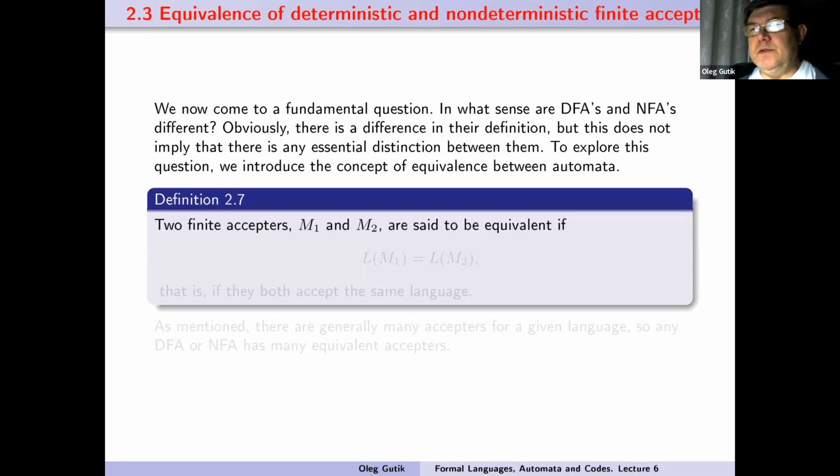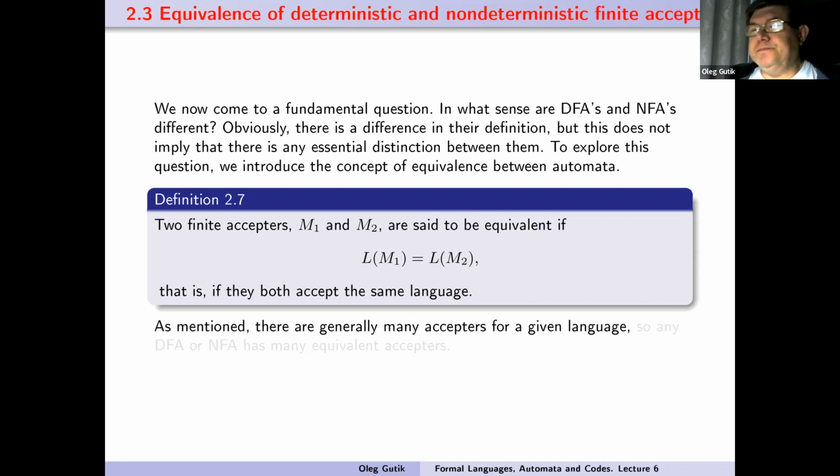First definition: two finite acceptors M1 and M2 are said to be equivalent if the language accepted by the first automaton M1 coincides with the language accepted by the second automaton M2. That is, they both accept the same language.